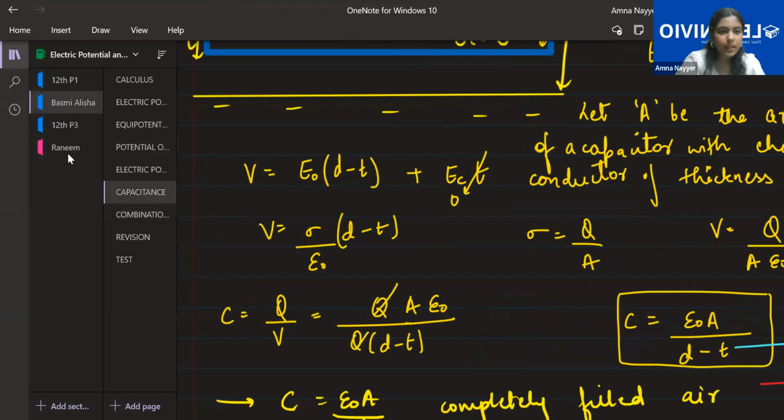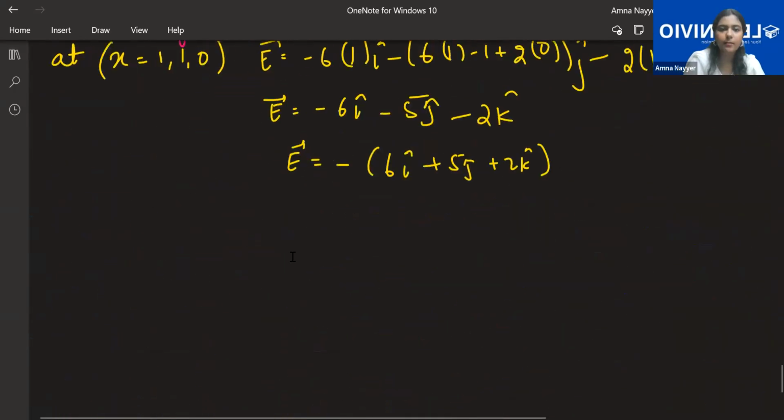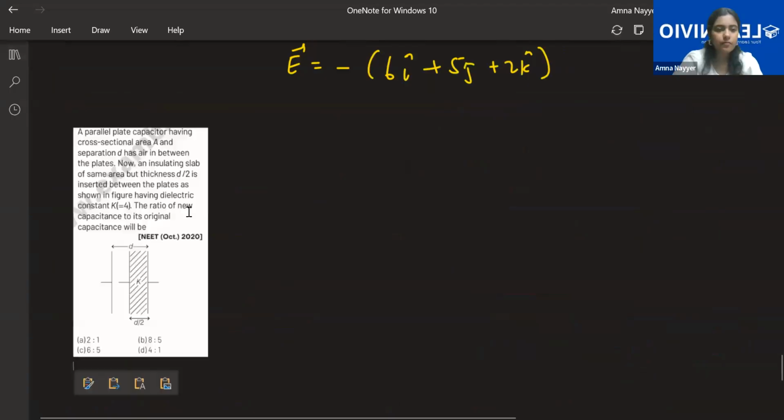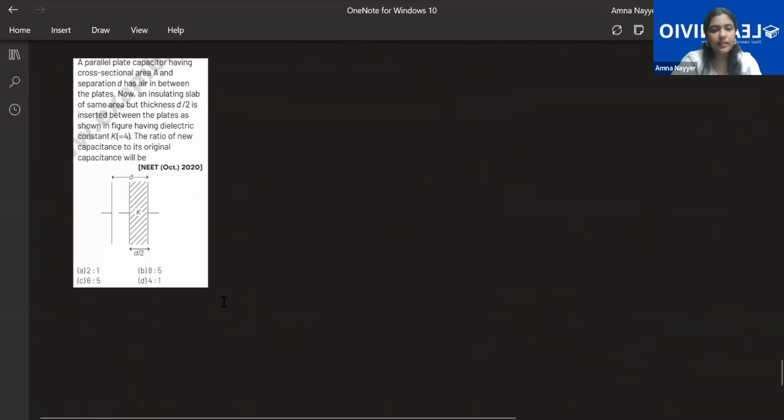Just one numerical for practice, which will give you an idea about this. A neat question, but a very good question.